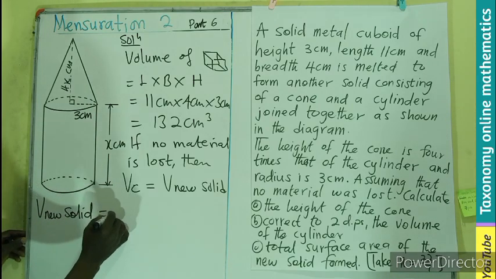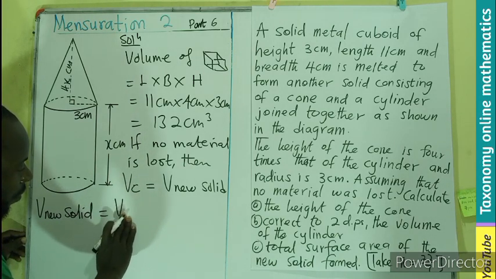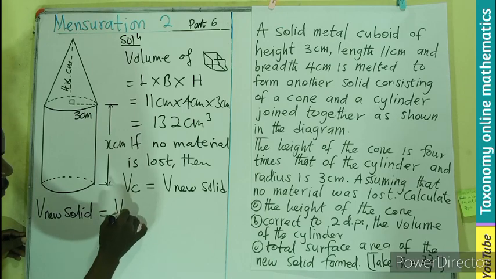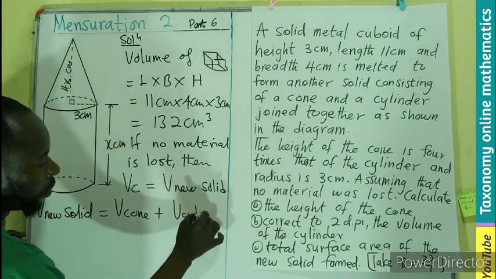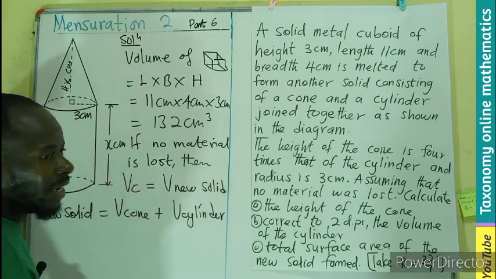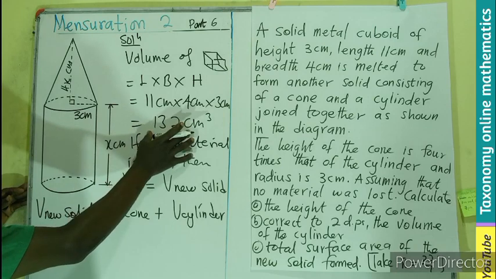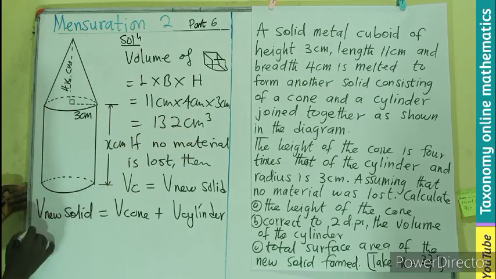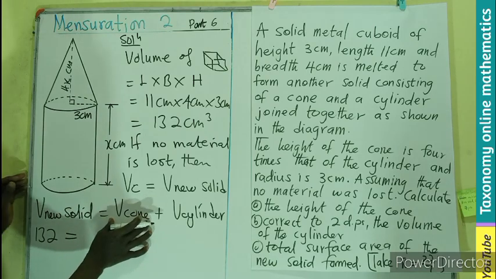So we can say that volume of new solid will be equals to volume, let me just do the abbreviated form, volume of cone plus volume of cylinder. And the new volume here is going to be 132. So we have 132 equals to volume of cone.